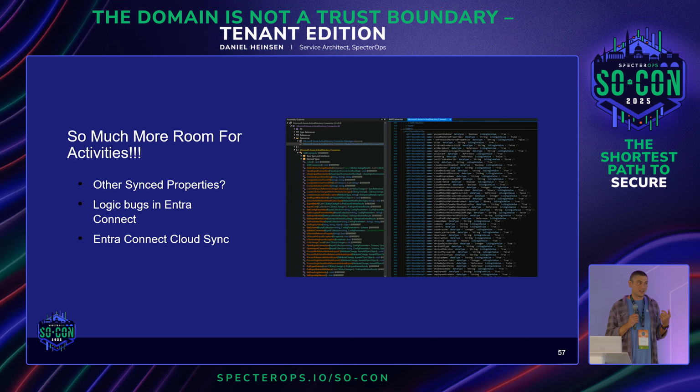There's a lot of places where I think logic bugs could be introduced in Entra Connect that could offer possible privesc primitives. And then remember that on top of all the things that Microsoft has warned against so far in the documentation, they still want you to go to Entra Connect Cloud Sync or Azure Active Directory Cloud Sync, depending on how old the documentation is, which is a cloud-based model of exactly this.